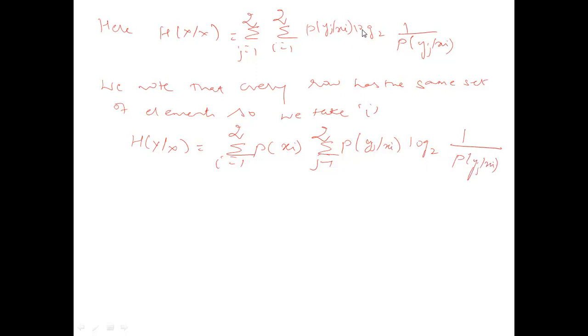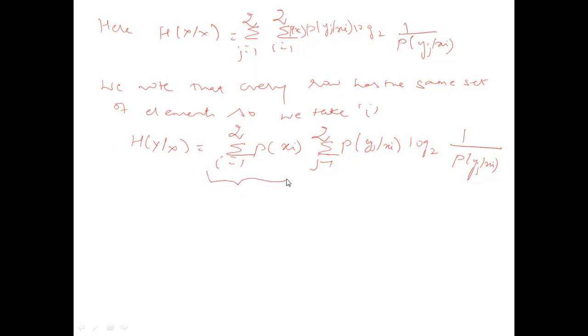Sorry, here I forgot to write p of xi; this should be multiplied with p of xi also. As i is common, I am taking this separately. Now we know that summing all the probabilities will give you the answer 1.